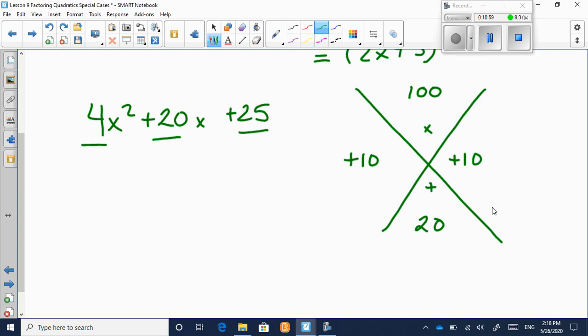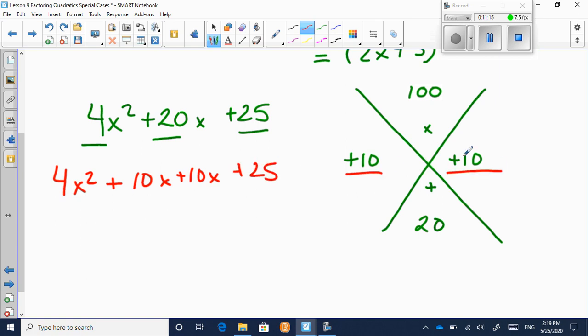Okay, so then we'd bring those numbers over and we'd go 4x squared. I'm just doing the steps of a complex trinomial. So plus 10x plus 10x plus 25. So we took those two and broke up that middle term. Okay, these are the steps. Now we factored the first two terms.